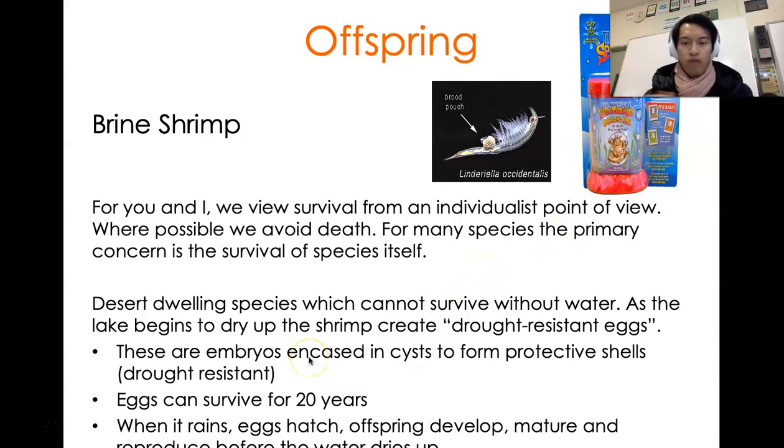The drought-resistant eggs will then hatch when the rains come, and within the span of the couple of weeks that the rain is available, the brine shrimp will grow from egg to adult, reproduce and produce new eggs, all within those 3 weeks. Then the adults die, and the eggs survive in these drought conditions for however long it takes before the next season of rain comes. So you can see there's another efficient way to ensure survival of the species rather than survival of the individual.